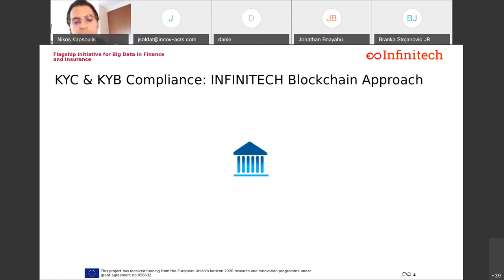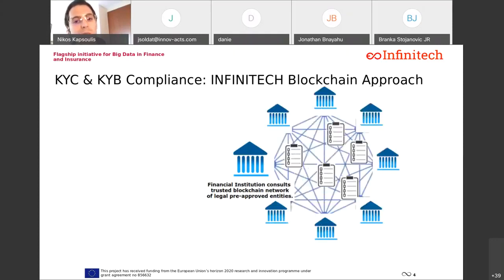So we have again the institution, of course, and at this time, the institution that the client approaches consults an entire trusted network. And what does this mean? The entire blockchain network has participants that are pre-approved, and they are legal ones. There is no malicious party that will alter data.